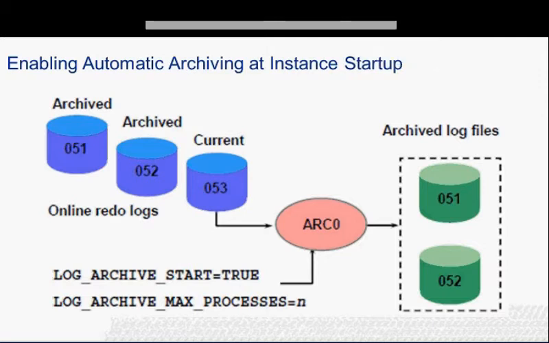False inhibits the archiver from starting upon instance startup. After the initialization parameter is set, the archiver processes automatically start upon instance startup, eliminating the need for us to start archiving manually.